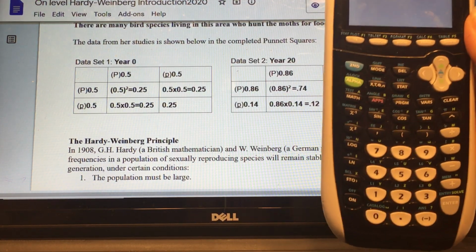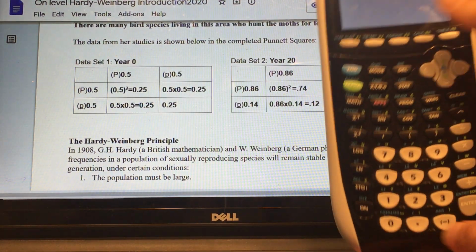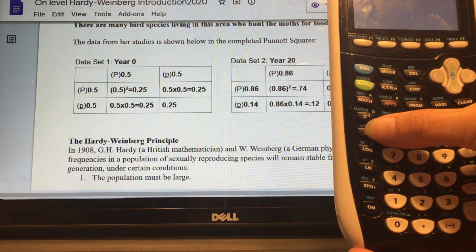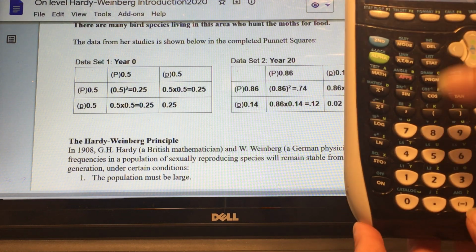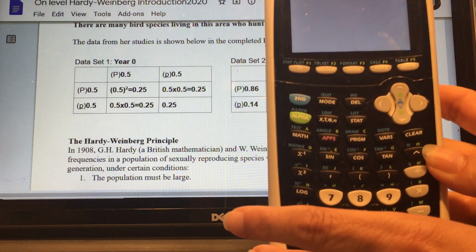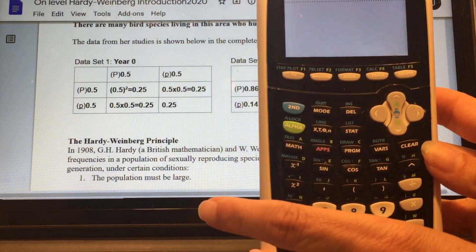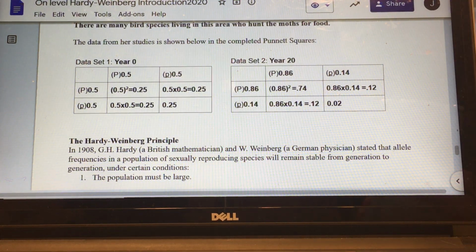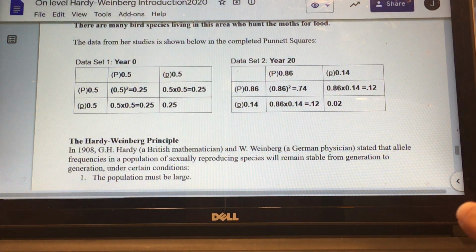On this kind of calculator, you hit the second function and then the x squared, then put in 0.25 and hit enter, and it gives you 0.5.